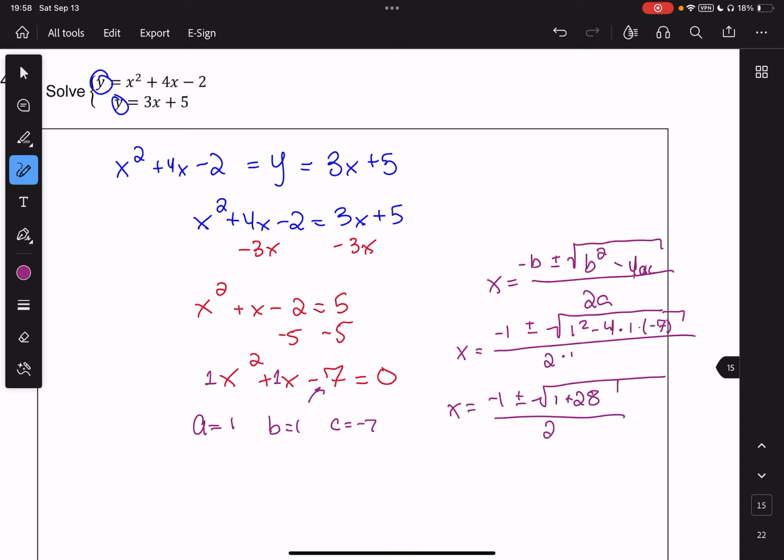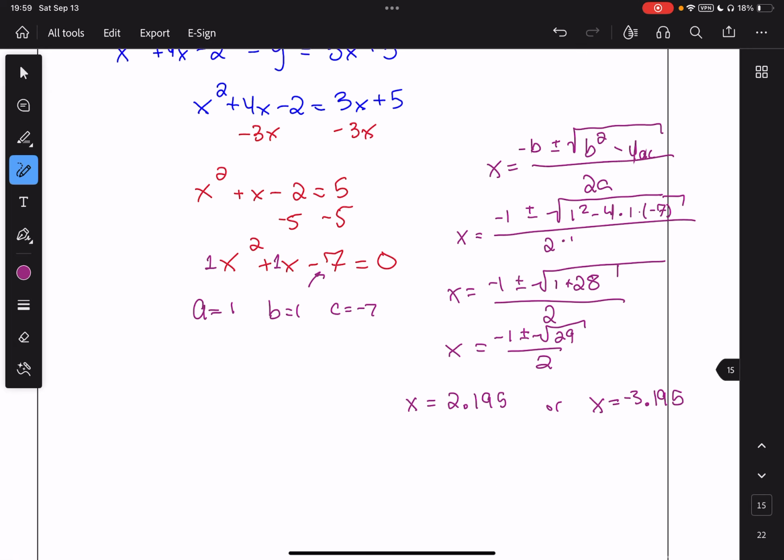All over 2 times 1 is 2. This simplifies to negative 1 plus or minus the square root of 29 all over 2. So this simplifies out to x is equal to 2.195 or x is equal to negative 3.195. You can do that on your calculator.